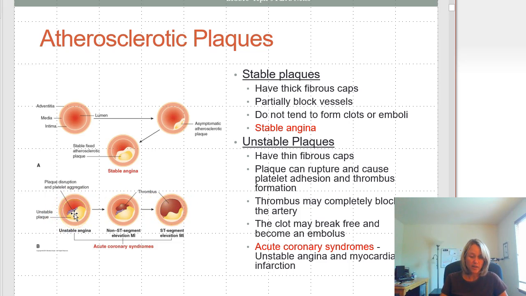Unstable angina, which could proceed to a non-ST segment elevation MI, in which we have mostly occluded but not completely occluded, and this can result in a heart attack of part of the thickness of the wall. Or we can have a ST segment elevation MI, which involves myocardial infarction of the full thickness of the heart wall.